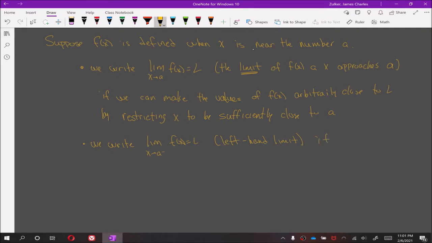If we can make f of x arbitrarily close to L by taking x sufficiently close to, but less than A.